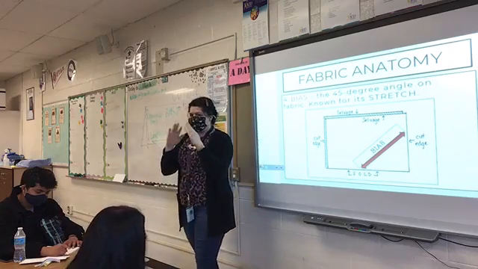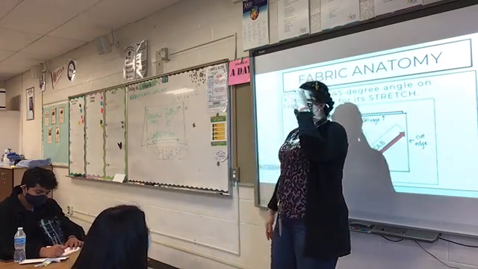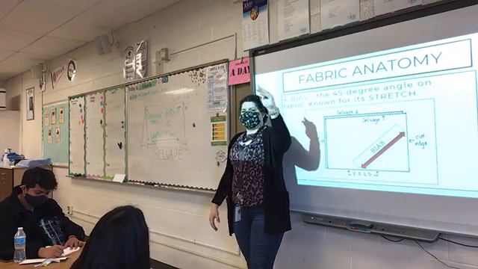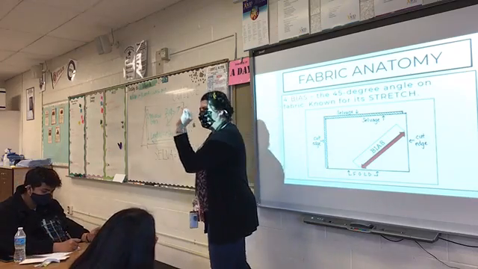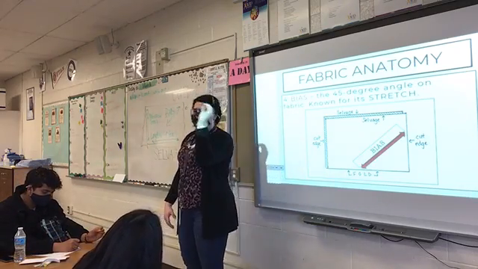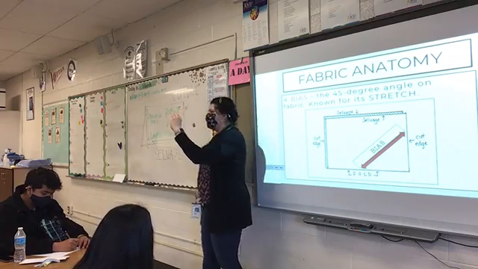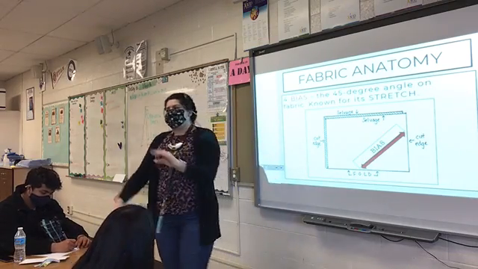Okay, chemicals, nature. All right, cotton, make the letter C. We're going to turn this letter C into a water droplet, because cotton absorbs water. Can you say that with me? One, two, three. Cotton absorbs water. Okay. Synthetic comes from?